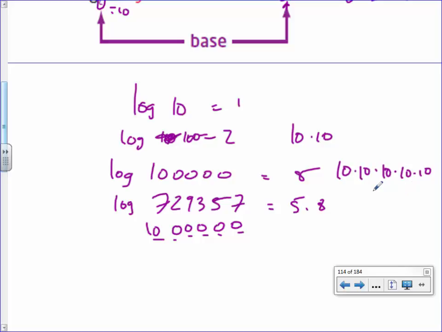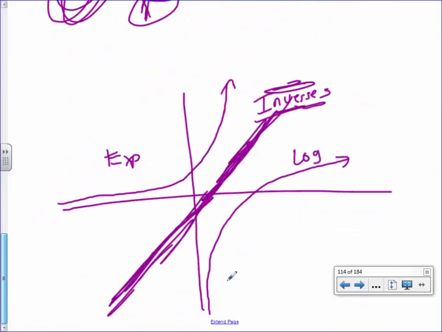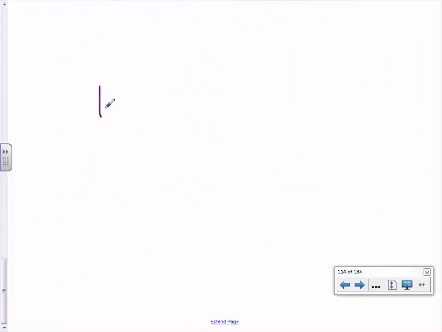Well, 10 is a really nice round number to work with, but we don't actually have to do it with groups of 10. Let me show you a different example here. If I were to ask you for the log base 3 of 27, here's what this question is asking you: how many groups of 3 are there in the number 27?